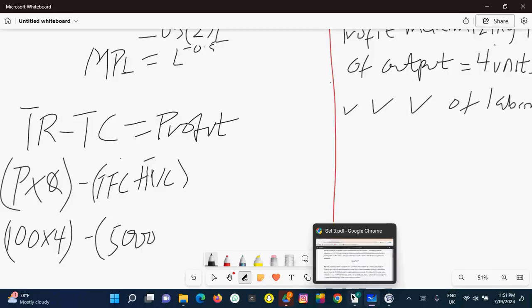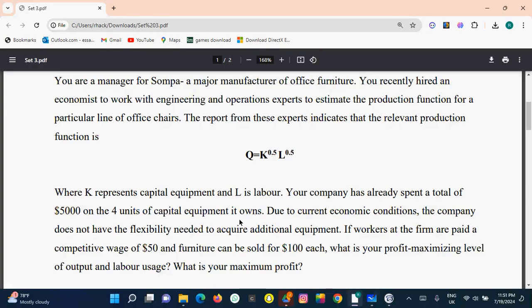Since that's what the question said: your company has already spent a total of $5,000 on 4 units of capital. Due to current economic conditions, the company does not have the flexibility needed to acquire additional equipment. So this means that the equipment here is fixed, right?